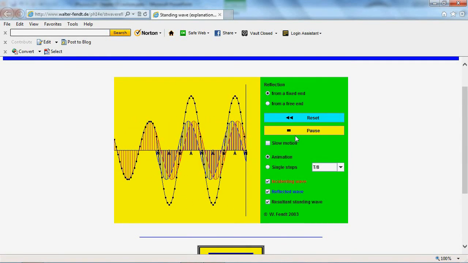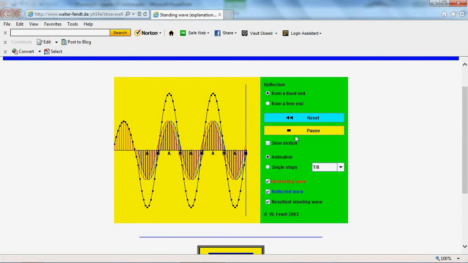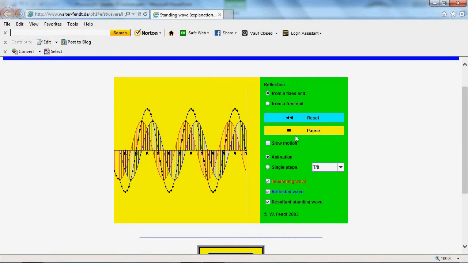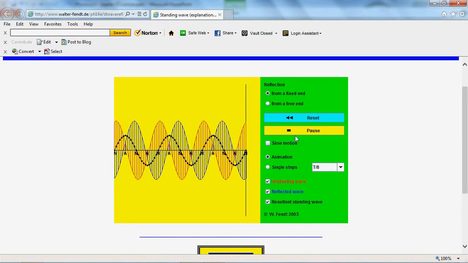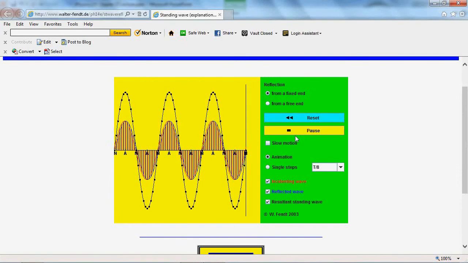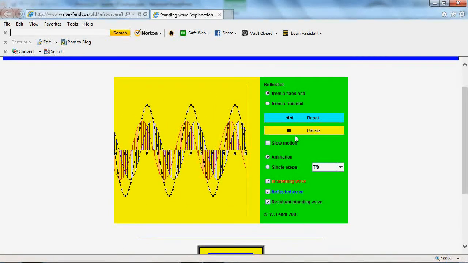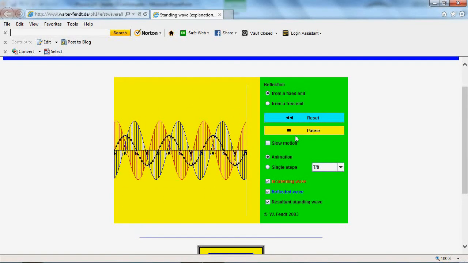So you notice that when the two waves are in phase with each other, when the red and blue cross each other at the same point, you get double the amplitude. But when the blue and red are inverted from each other, you get a 0 at that point.